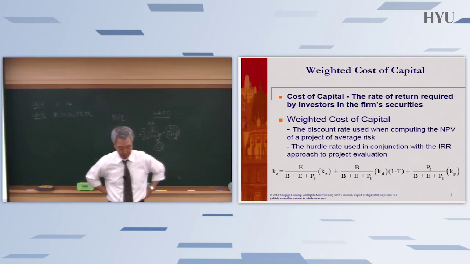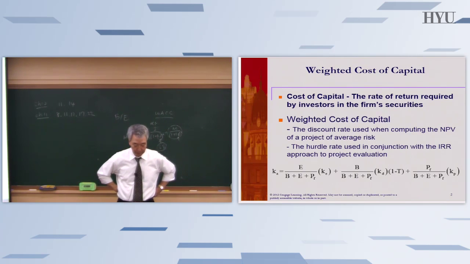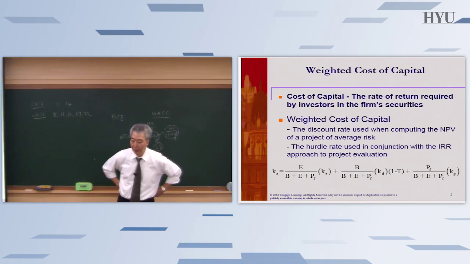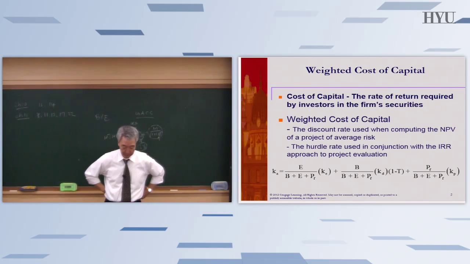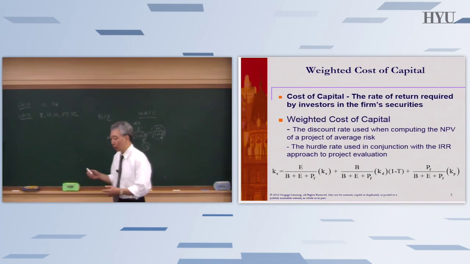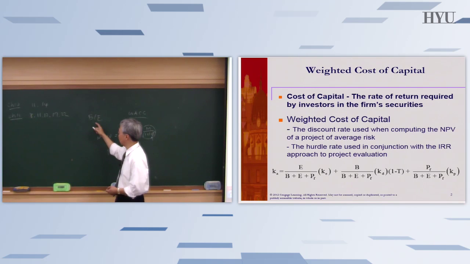B stands for bond, which is debt, okay? E stands for equity, and P stands for preferred stock. Normally, preferred stock is a pretty small component of any company's capital structure, right? So many times we simply include the preferred stock into equity, and just calculate the debt-equity ratio, right?